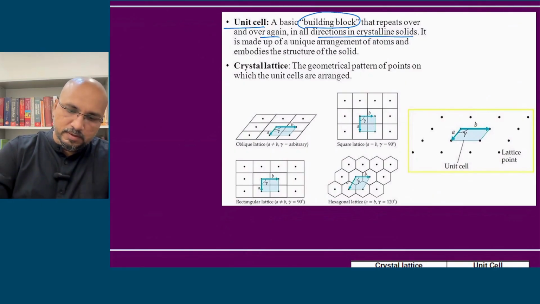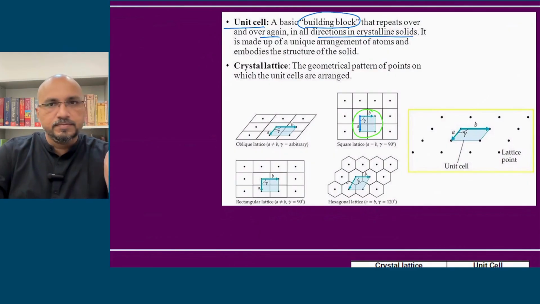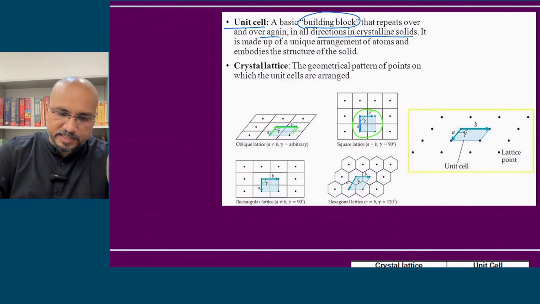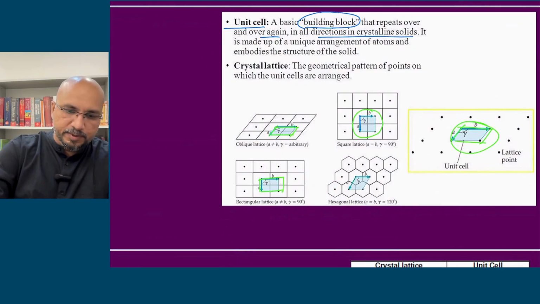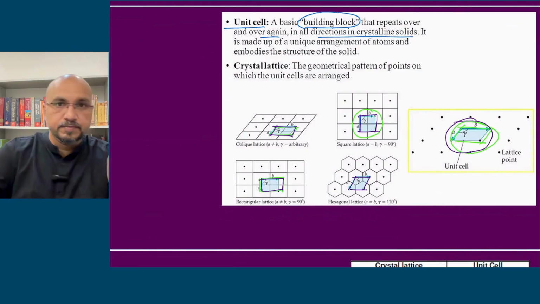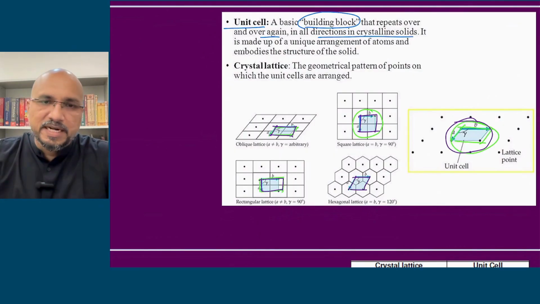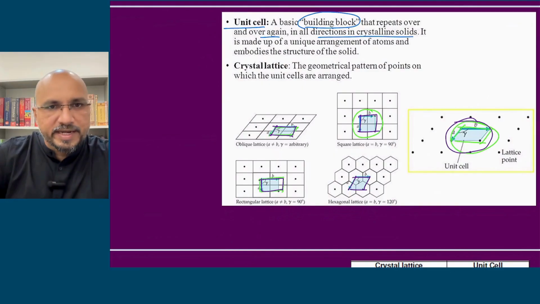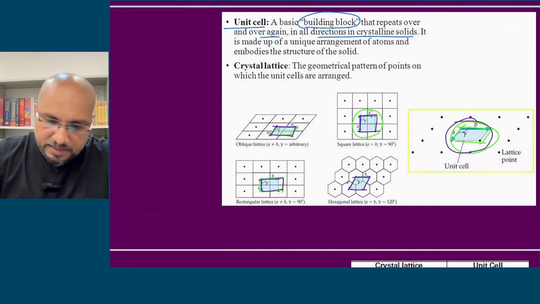Suppose this is your unit cell, this is your unit cell, here is your unit cell. Let me use another color. This is your unit cell, this is your unit cell.